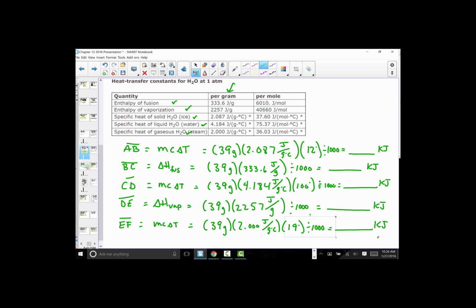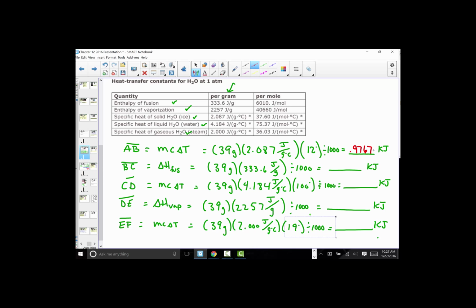Well, it's a bunch of calculator work now, isn't it? So let's start with, and check with me because I know I make mistakes, 39 times 2.087 times 12. Divide by 1,000. And this answer I'm finding to be 0.9767. Line segment 2, 39 times 333.6.